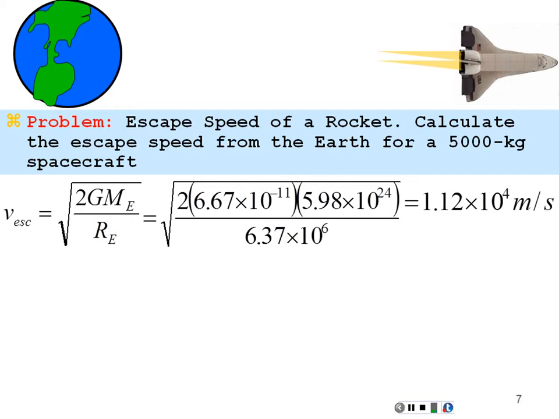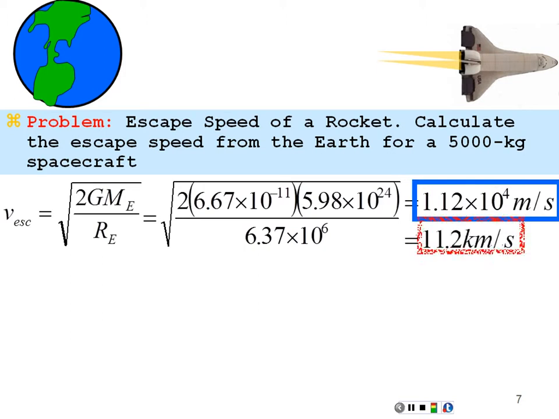And this comes out to 1.12 times 10 to the 4 meters per second, or 11.2 kilometers per second. That's how fast anything would need to go, because it's independent of mass. Anything would need to go that speed in order to escape the Earth. 11.2 kilometers per second from the surface of the Earth.